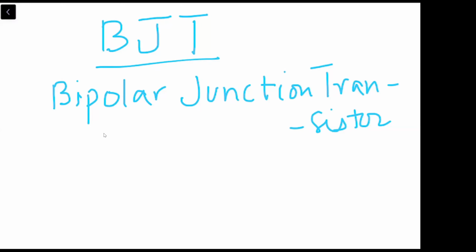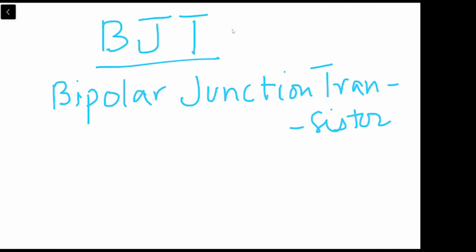Okay ji, so the next chapter is bipolar junction transistor. Now, the bipolar junction transistor means we have basically a device which has got two poles.